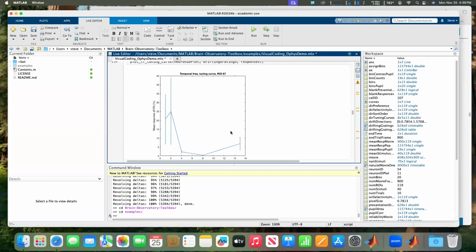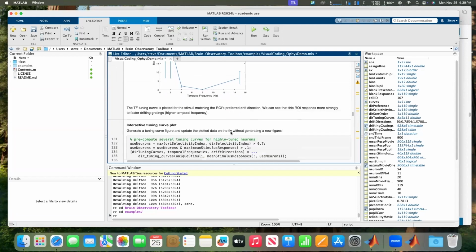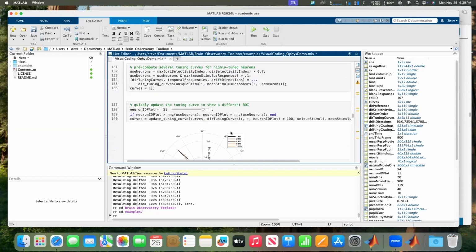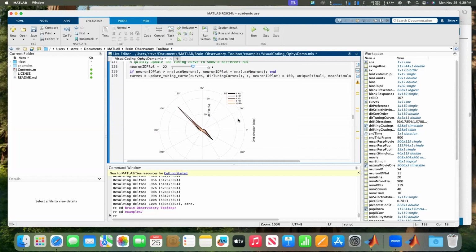We can also plot temporal frequency tuning curves, as we do here. And we can make interactive plots so that we can look at the tuning of any cell of interest. So here I will change the cell number, and we watch as the tuning curve is updated.